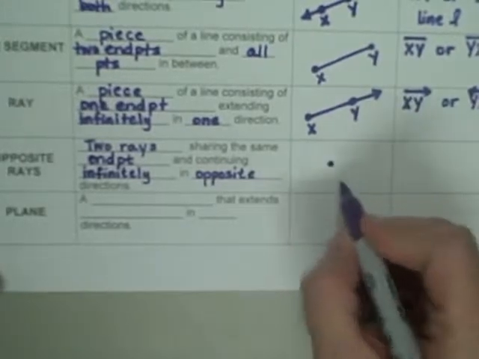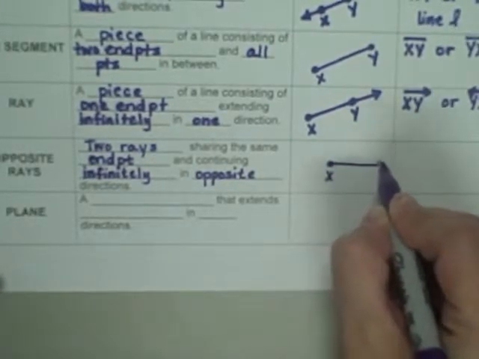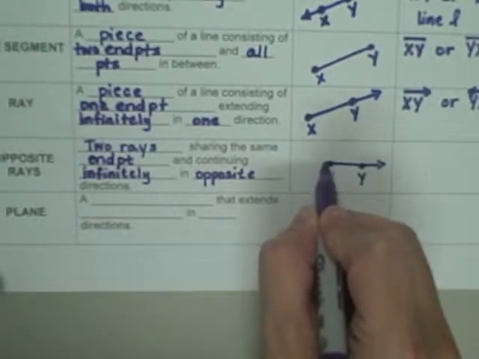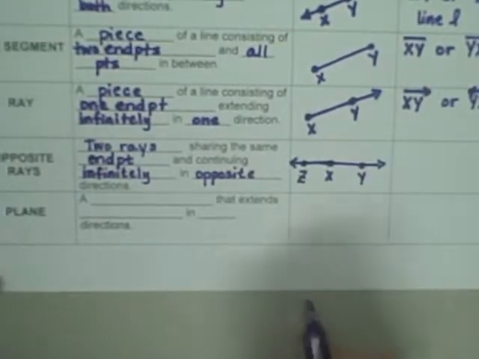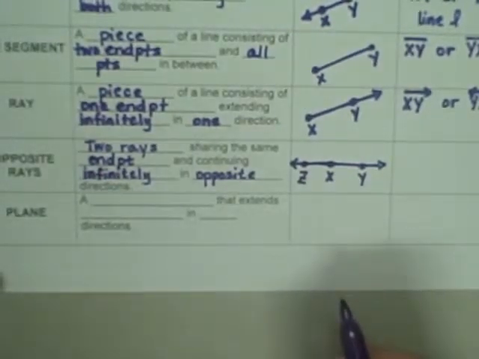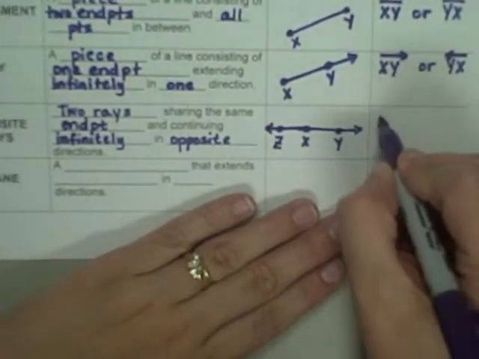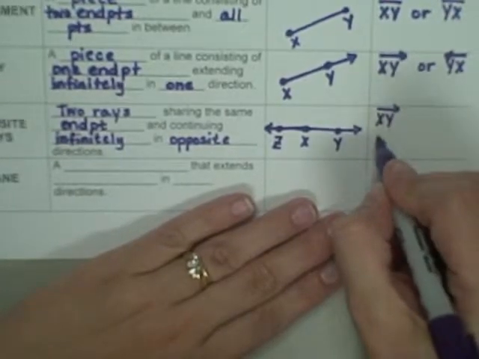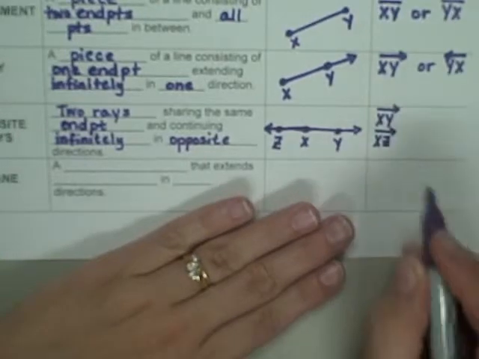So here's the endpoint they're going to share. I'm going to label it X, and I'm going to put one ray going this way, and then I'll have another ray sharing that endpoint but going this direction. We would label these XY, same as before, and XZ. Notice the Z has the arrow because the X was the endpoint.